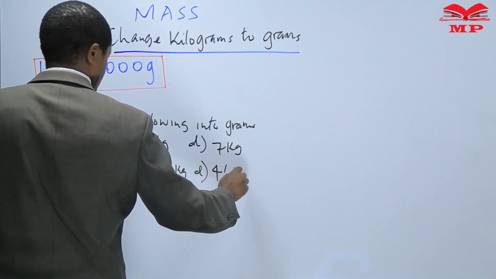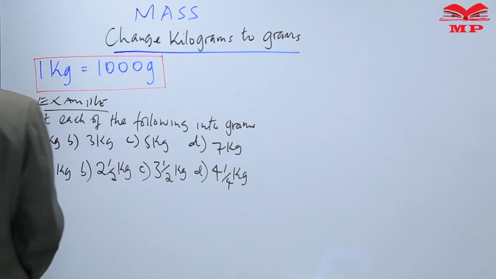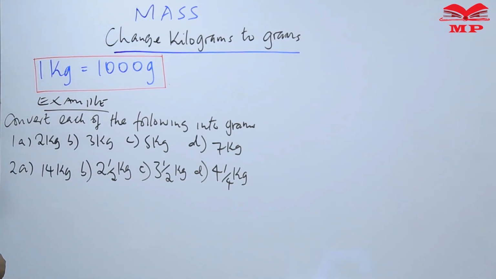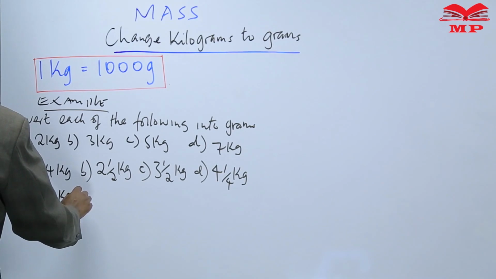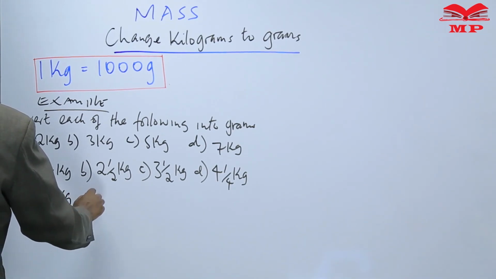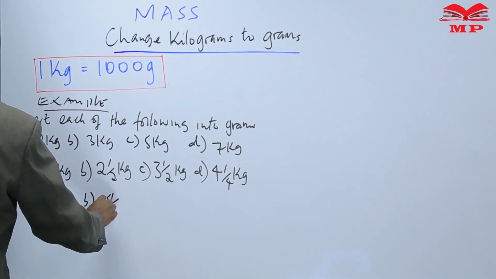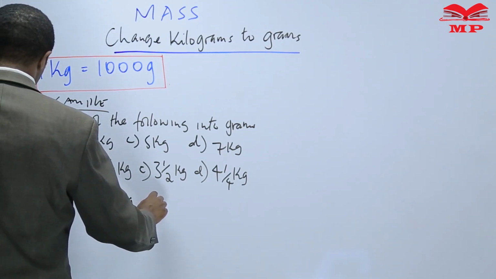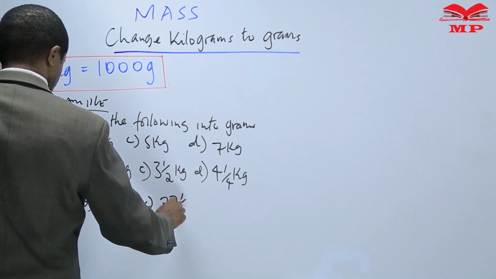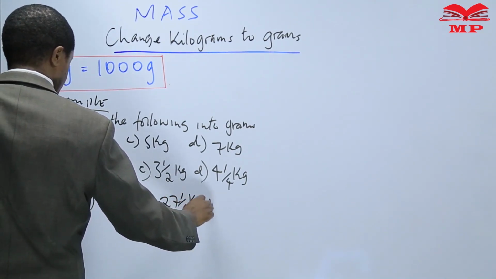4.25 kilograms. And number 3, A, we want to do quite a number of examples. 6.5 kilograms. B, 15.5 kilograms. C, 27.25 kilograms.